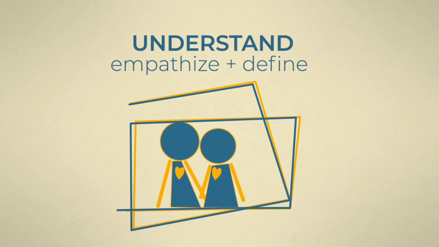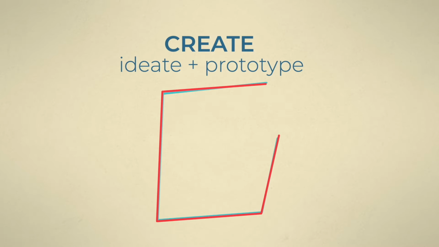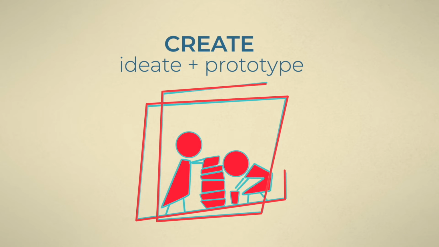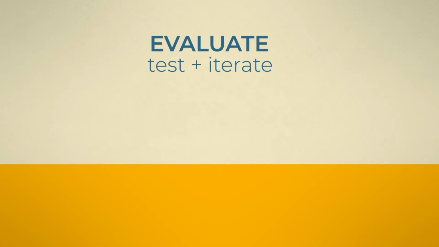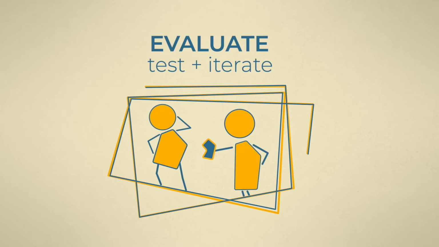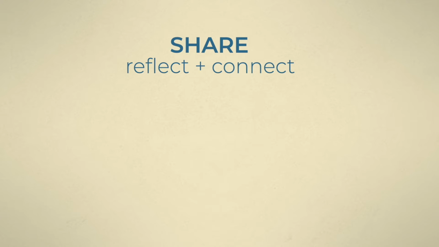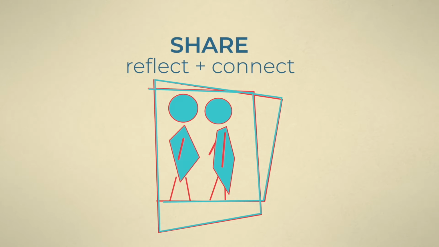What are the key needs, desires, and hopes of the community? Create, ideate, and prototype. What are the radical ways we can build to share? Evaluate, test, and iterate. What are experiments we can run to move forward? Share, reflect, and connect. What are we noticing, contributing, and communicating?